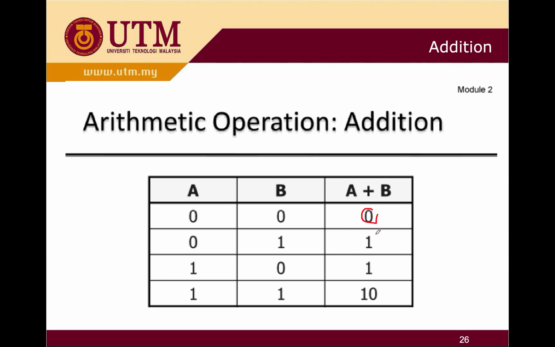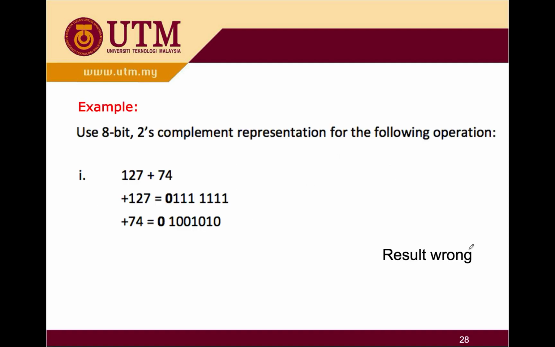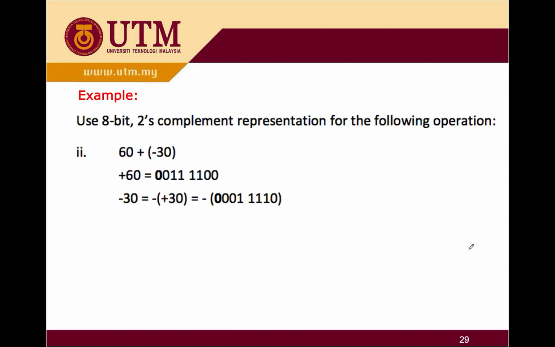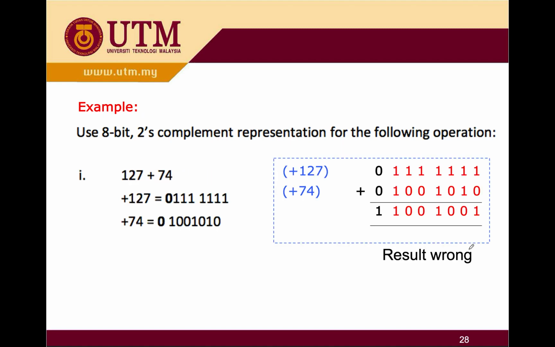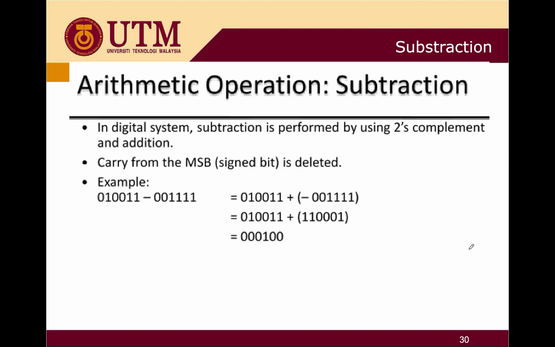If you get 0 plus 1, you get 1. 1 plus 1, you get not 10, but it's 1, 0. And in the value of decimal, it is 2. This one is binary form, and this one is decimal. So I think you can try this example on your own, quite similar.